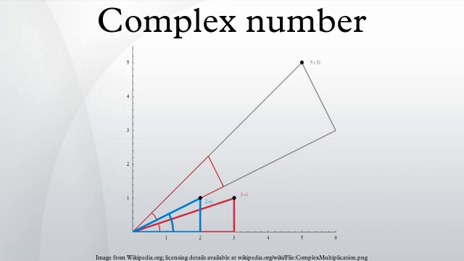Characterization as a topological field. The preceding characterization of C describes only the algebraic aspects of C. That is to say, the properties of nearness and continuity, which matter in areas such as analysis and topology, are not dealt with. The following description of C as a topological field does take into account the topological properties. C contains a subset P of non-zero elements satisfying the following three conditions.